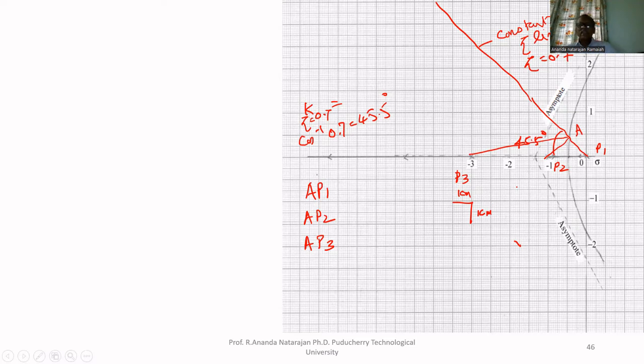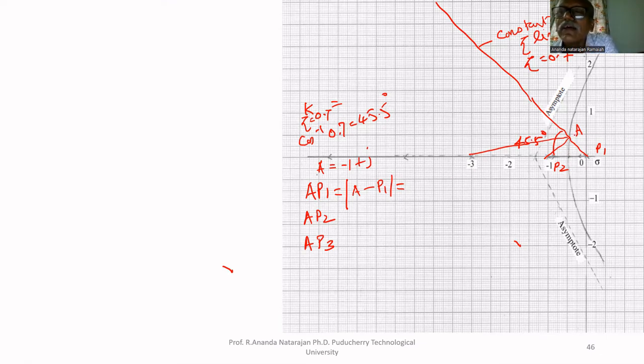Or else you can analytically find AP1. What is AP1 equal to? Modulus of A minus P1. A minus P1 equal to what? Let us assume A equal to minus 1 plus j. Just I'm assuming. Here we can find what is that?